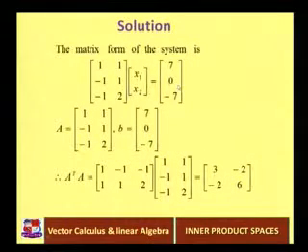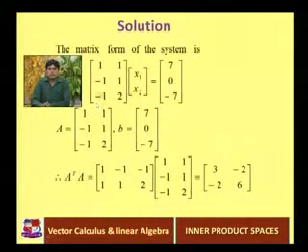So after writing in matrix form, notice that this is the coefficient matrix A, 1, 1; minus 1, 1; minus 1, 2, and this is the vector b, 7, 0, minus 7.